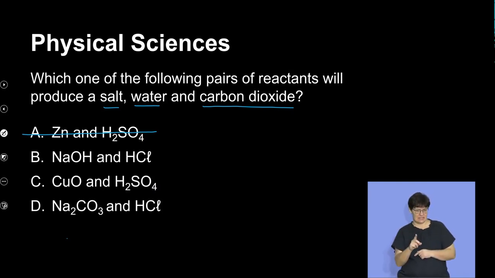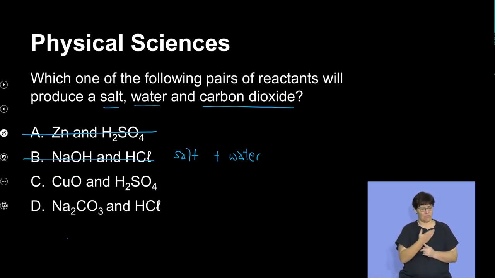This is going to give us a salt and water again. Still, it doesn't give us carbon dioxide. So we'll eliminate that option. Now, if you look at the remaining two options, the reaction between a metal oxide and a sulfuric acid, or an acid for that matter, there is no way we can get carbon dioxide in this case. So we'll remove that option as well.